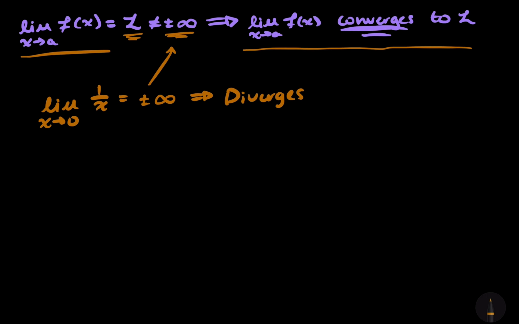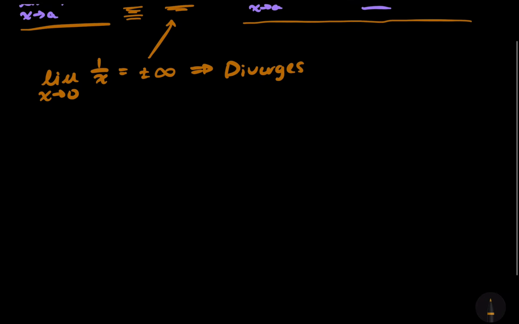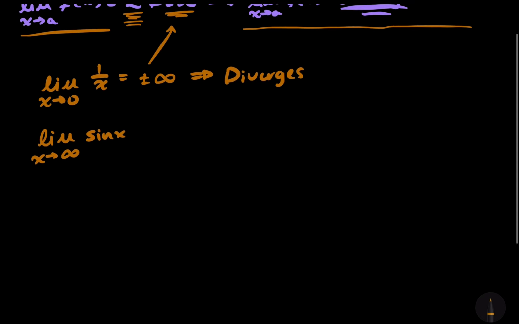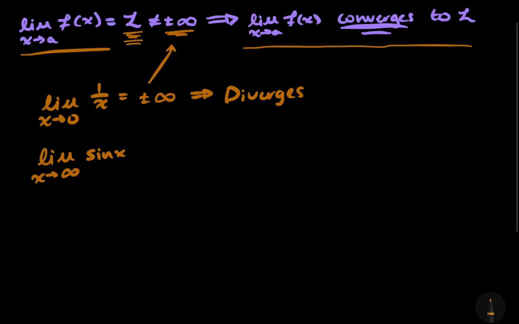However, one thing to note is that the condition we discussed, that it has to be one definite value, can also cause certain limits to be considered divergent. One of my favorite examples is the limit as x approaches infinity of sine of x, but you could also think about cosine of x. We know sine of x oscillates between negative 1 and 1.